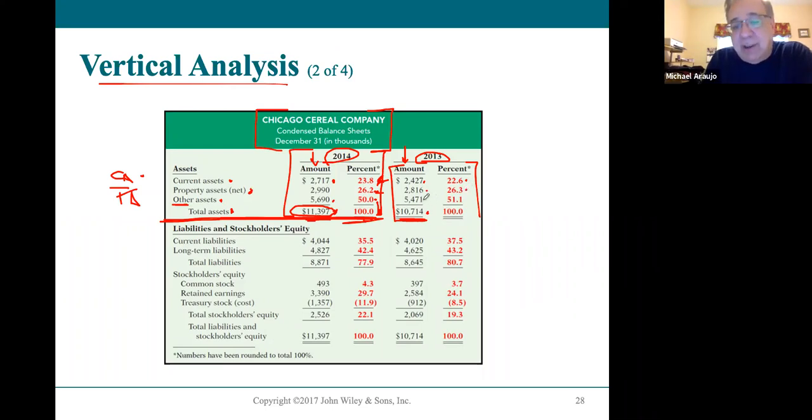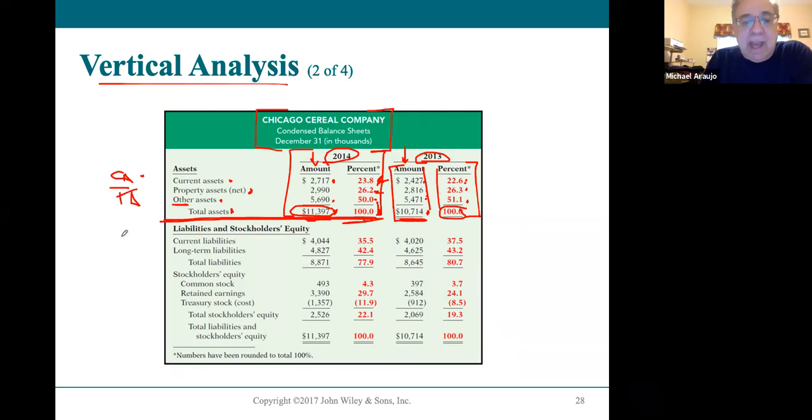And as you see, their other assets were quite large, 5,471 out of 10,714, which means other assets are actually 51.1% of all the assets for that year. When you add up the percentages for these three assets, you're going to get 100%. All we're doing is breaking the actual number into percent, so they're going to be equal.